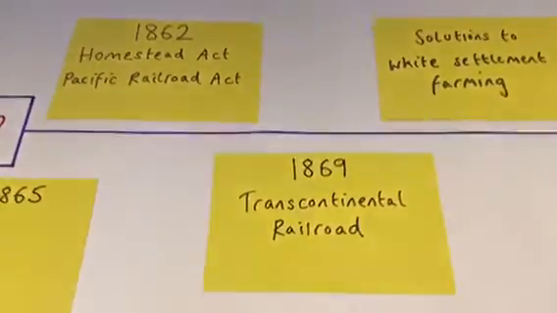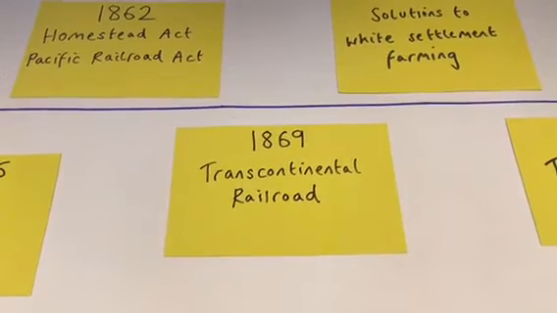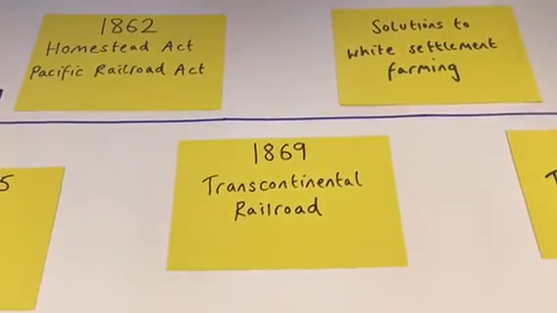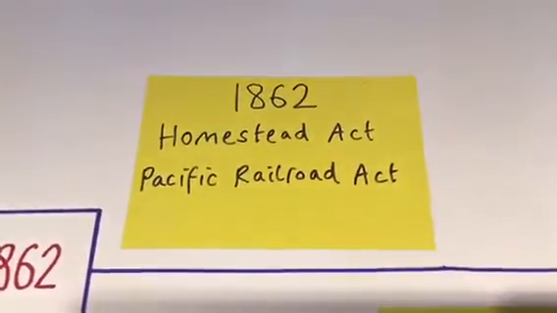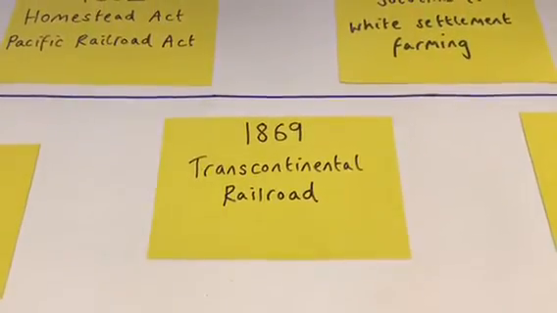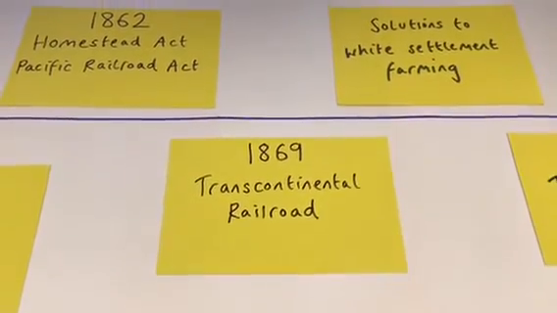In 1869, what this card means is this is when the railroad was actually completed that connected the east of America to the west. It comes out of the Pacific Railroad Act itself. Within 7 years, a railroad was built that ran all the way across the continent of America.